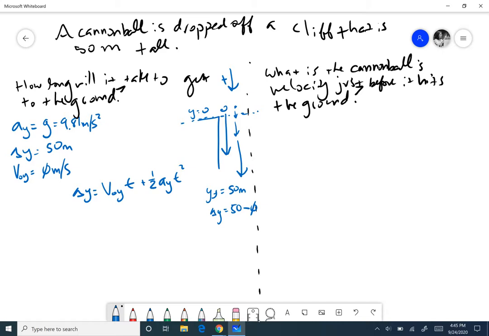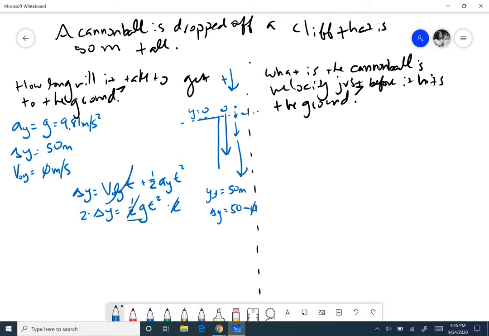Okay, so let's plug in our zeros first. So since velocity initial in the y direction is 0, I can cancel this out. And let's rewrite it. Delta y equals 1/2. I know my acceleration in the y direction is g, so I'll just replace it with a g. T squared. I want to get t by itself. I'll multiply both sides by 2. So now my 1/2 cancels.